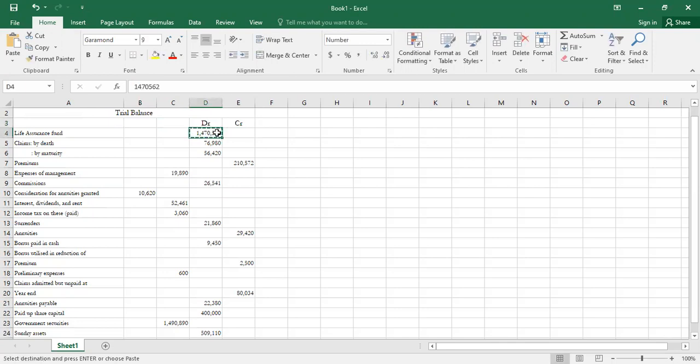We've said that this figure is supposed to be credited at the beginning of the period. Then I have the claims by birth, we have the claims by death. Claims by death is supposed to be debited. Then we have claims by maturity. Those are debits because these are expenses.